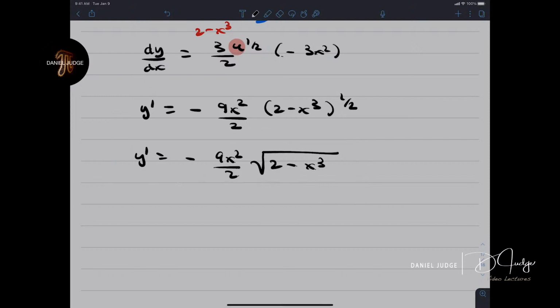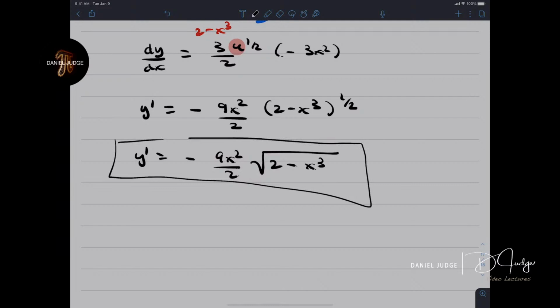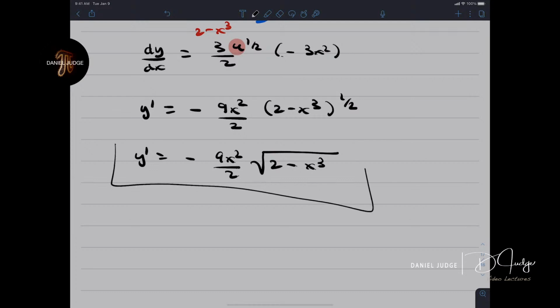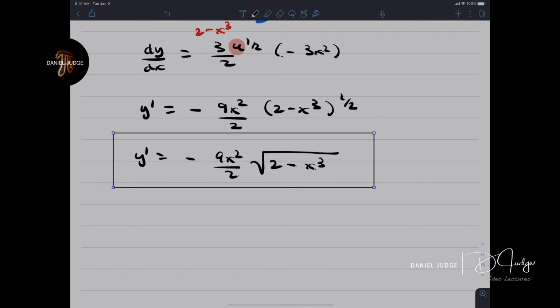And there we go. Let's make sure we get this down here. I want to draw a rectangle. So here it is, rectangle. There we go.